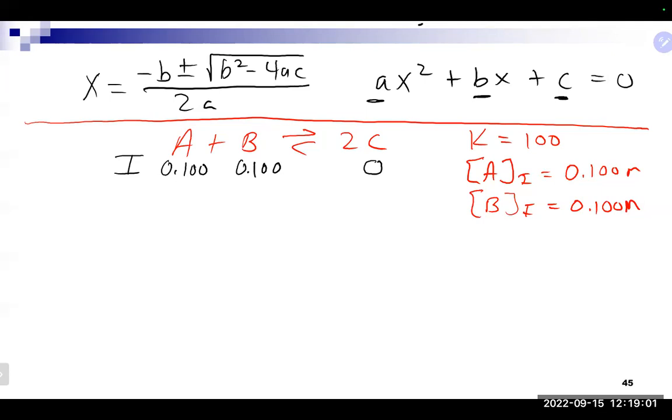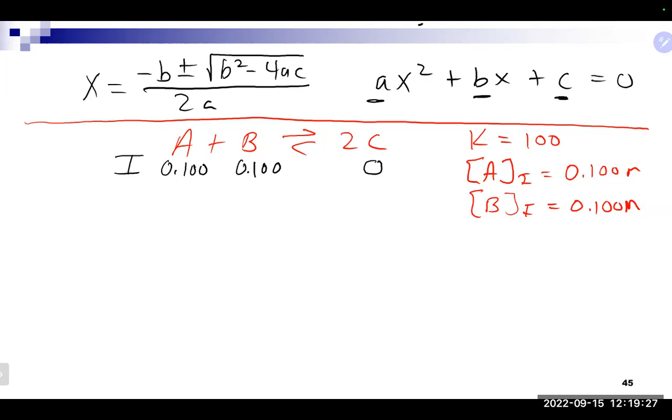It cannot go in the reverse direction because you don't have any products yet, right? So the only way it could go backwards is you got to make some products to begin with. That means as time goes on here, the amount of A and B, should it get less or more? Should be less. I think I heard somebody whisper less, that would be the right answer there. The amount of products should start to increase, as we talked about.